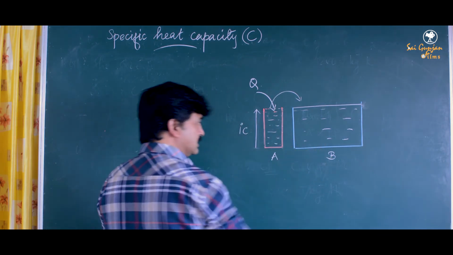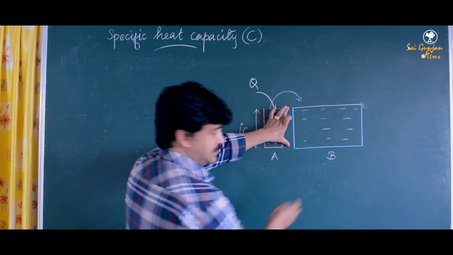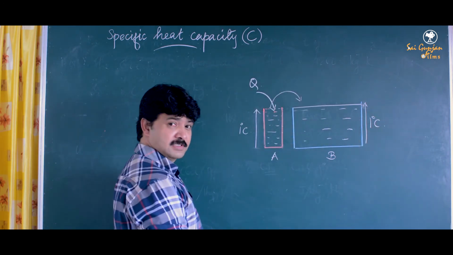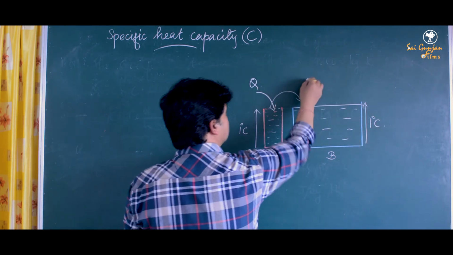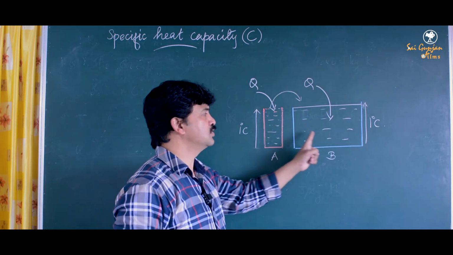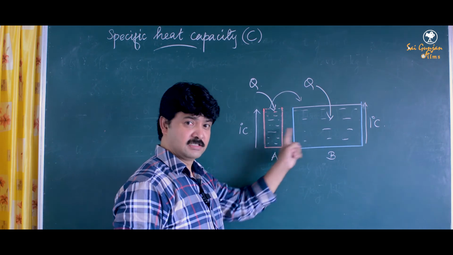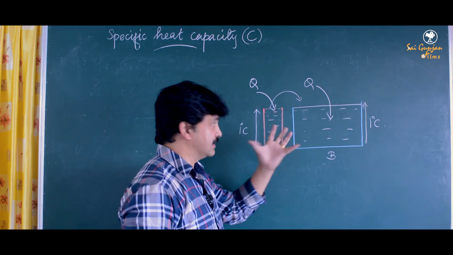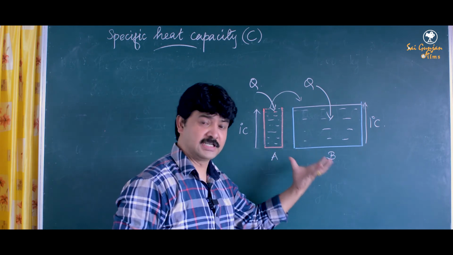But in this case, for the same 1 degree rise in temperature, how much heat is needed? Which is far greater than this one, isn't it? The heat required in this case is far greater than this one. That is the concept of specific heat.